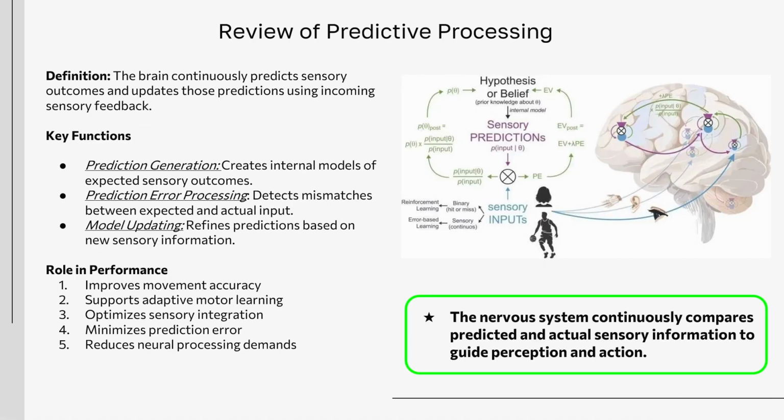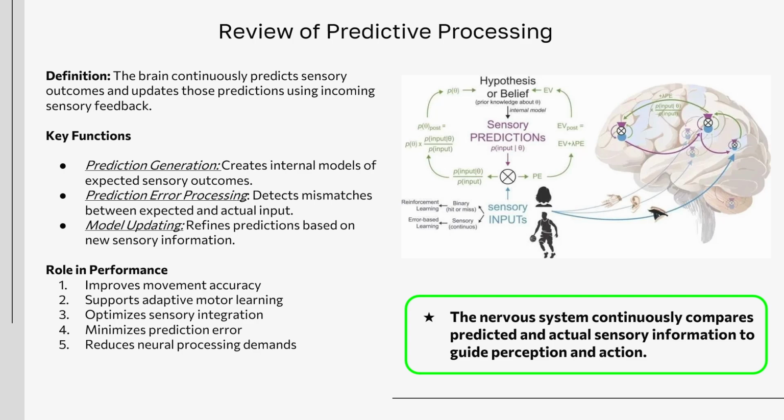Moving on now to the combined aspect, the culmination of sensory attenuation and sensory reweighting in task performance. We're going to discuss now predictive processing. This is the brain continuously predicting sensory outcomes and updating those predictions using incoming sensory feedback. Reliant upon feedback, reliant upon intact sensory reweighting.